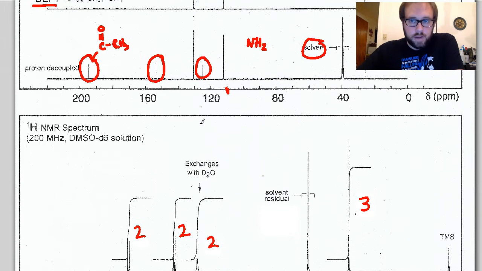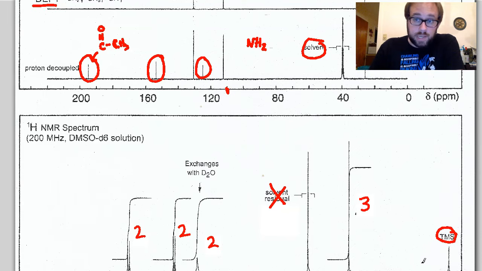Now I have these integrated for you. If you were to need to do this and you just had the integrations there, you take a relative ratio. So all of these you can see are approximately 2, and then the methyl is 3 in a relative ratio to one another. Again, let's ignore the solvent residual peak. You also don't need to worry about the TMS.